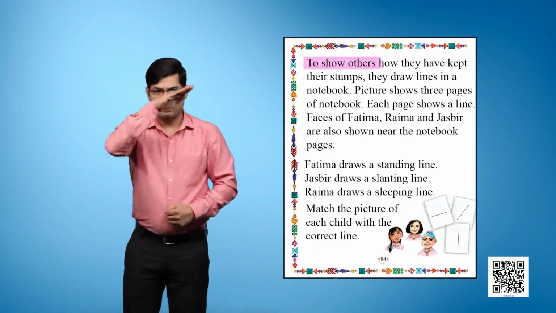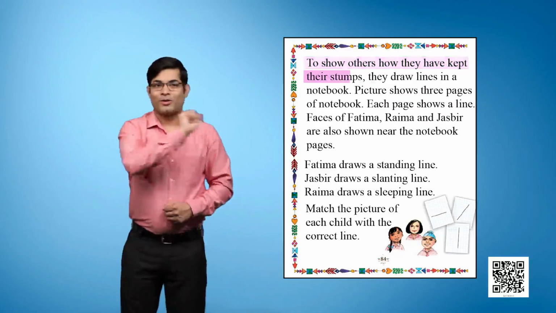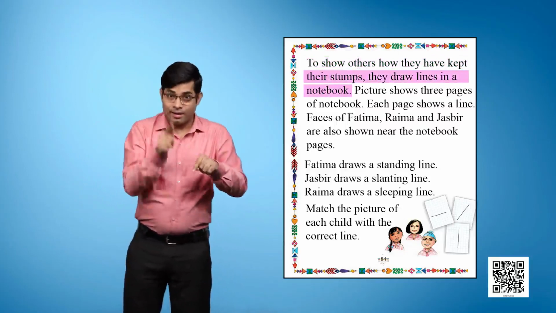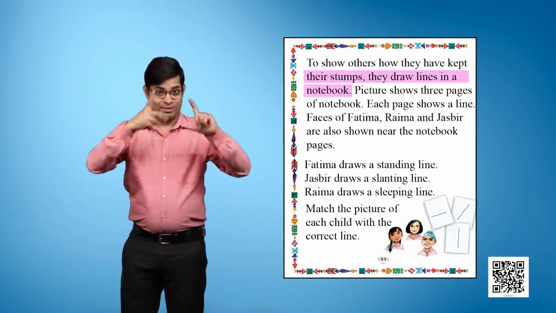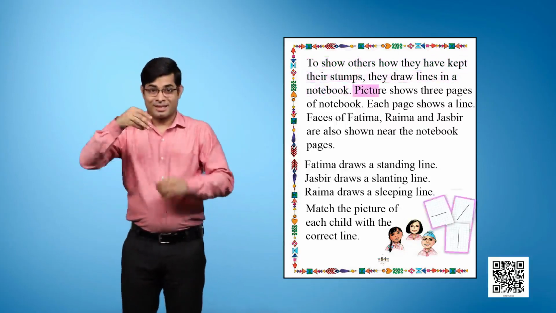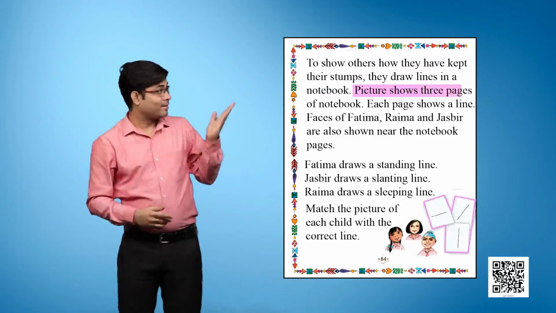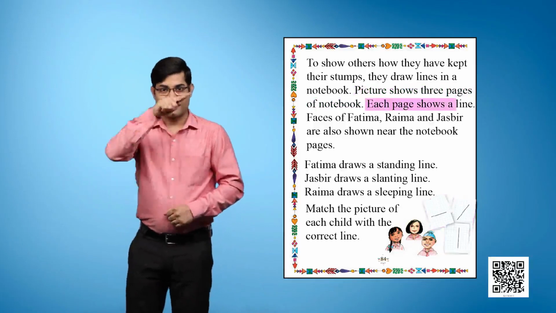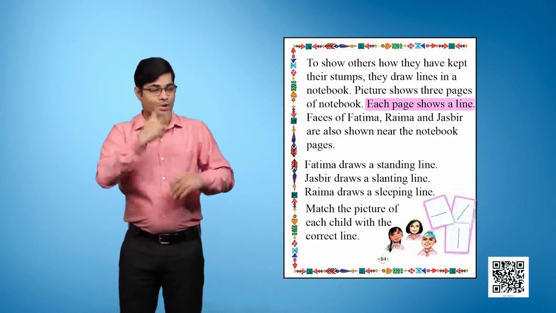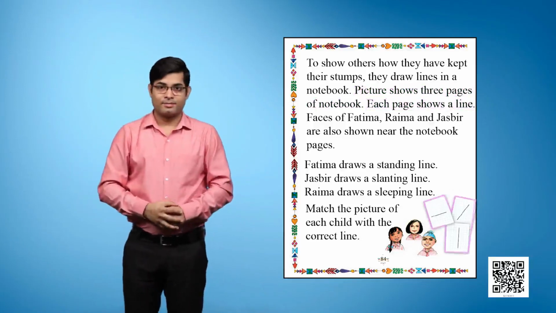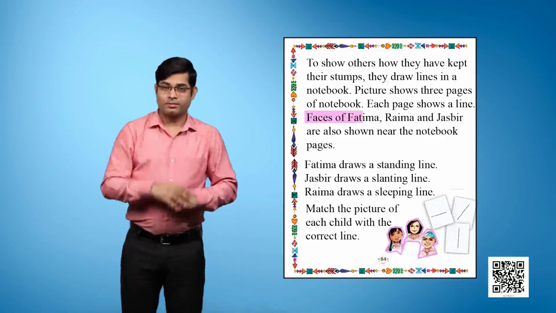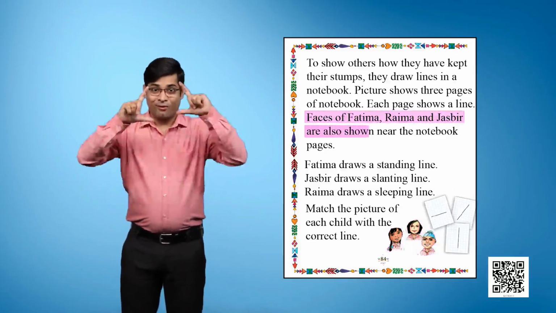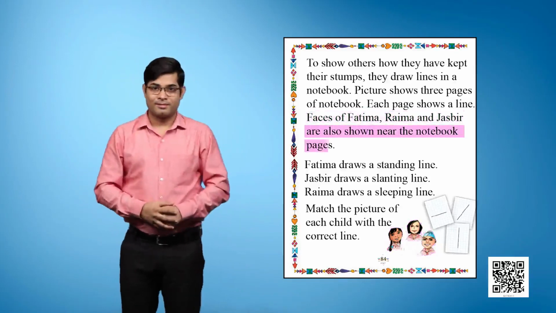To show others how they have kept their stumps, they draw lines in a notebook. Picture shows 3 pages of notebook. Each page shows a line. Faces of Fatima, Raima and Jasbir are also shown near the notebook pages.